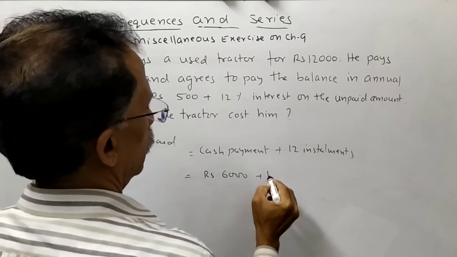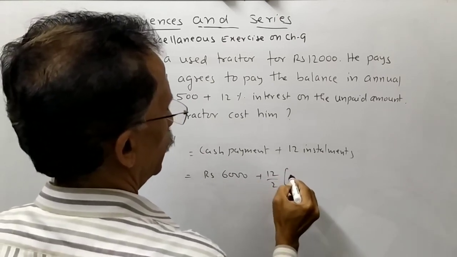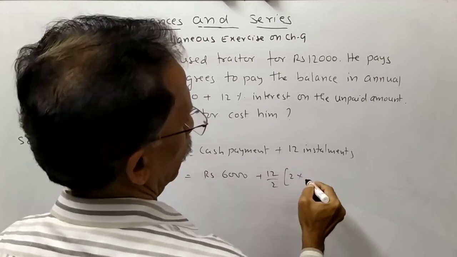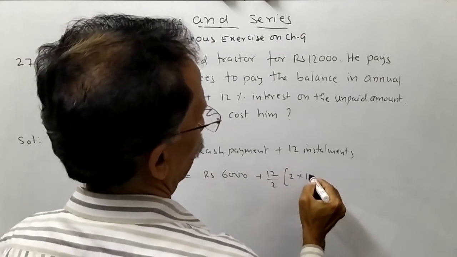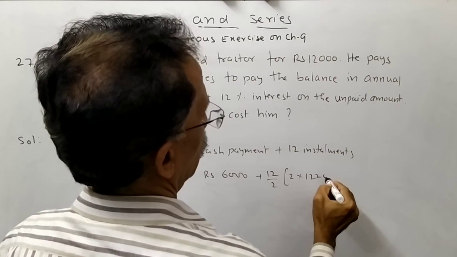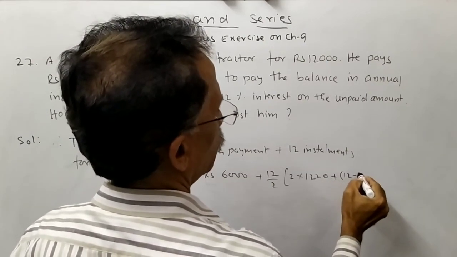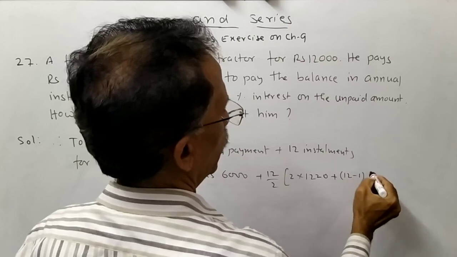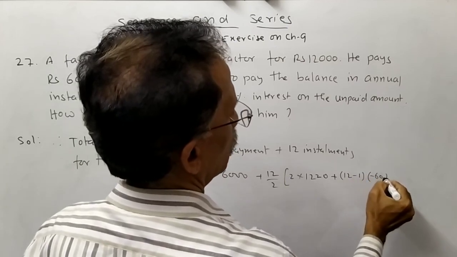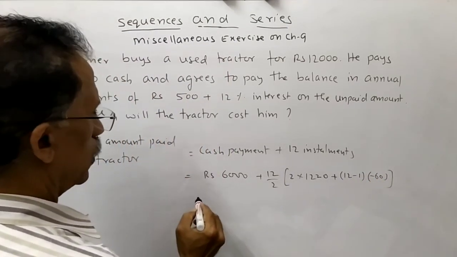6,000 plus 12 divided by 2 into 2A plus 12 minus 1 into D. What is A? For that AP, 1,220. What is D? Minus 60.